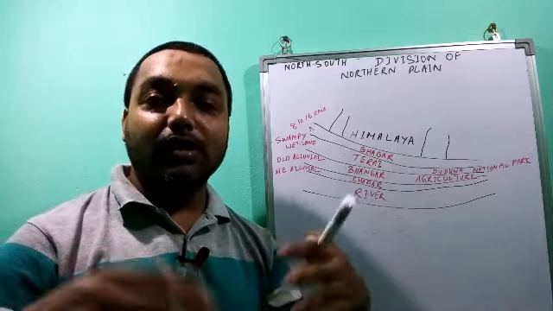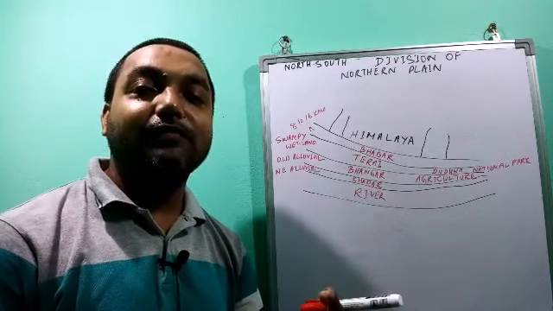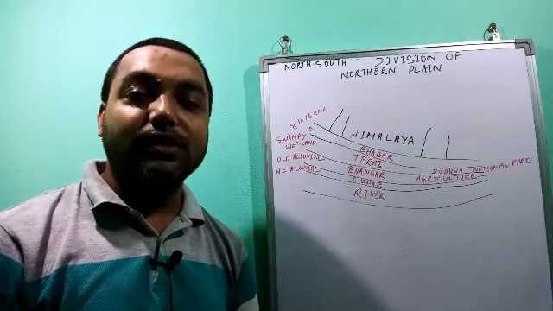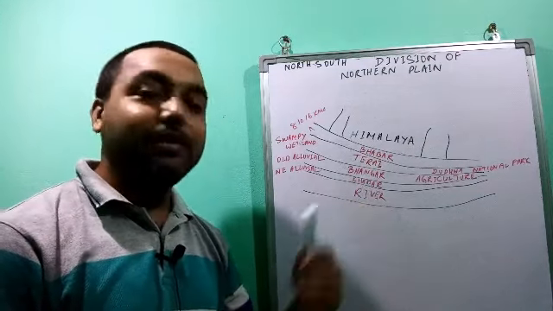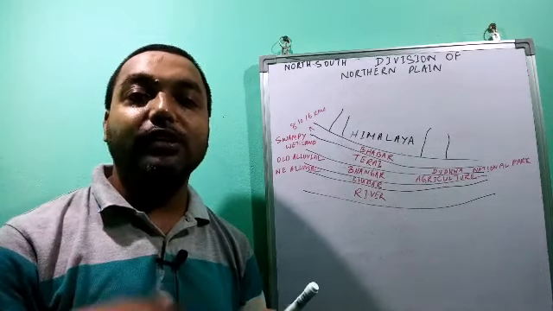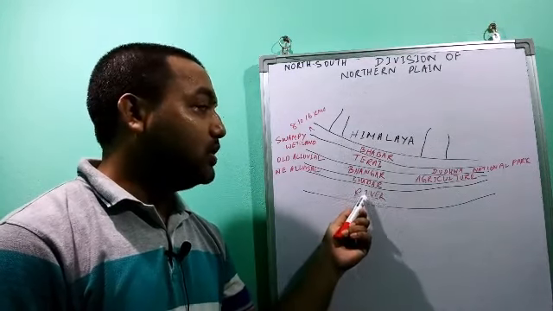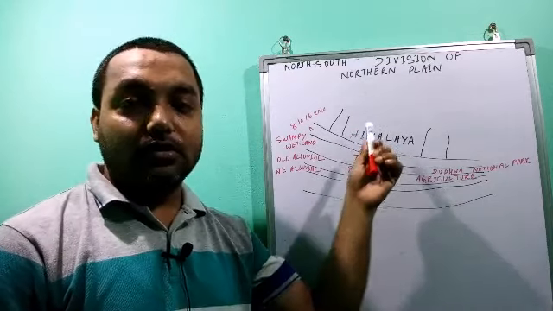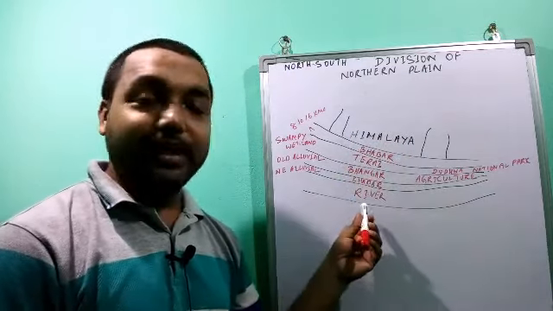The soil is renewed by floods; the river deposits new sand and silt. So this is the north-south division of the northern plain.